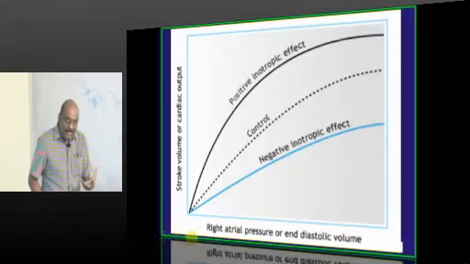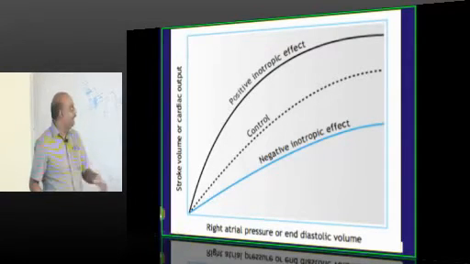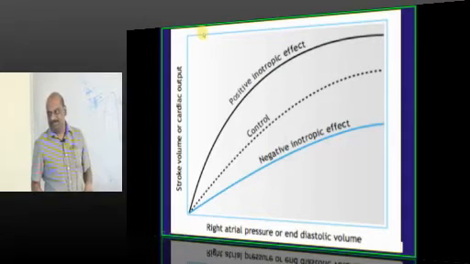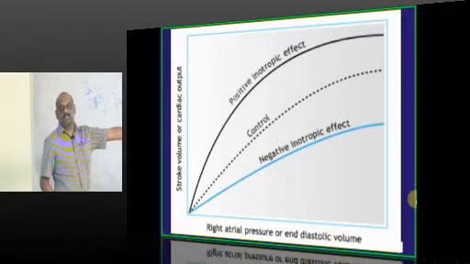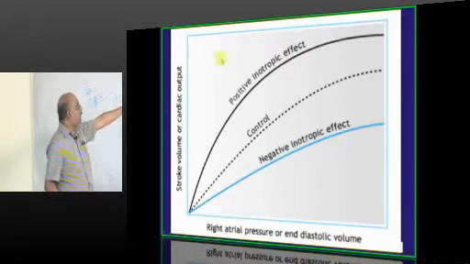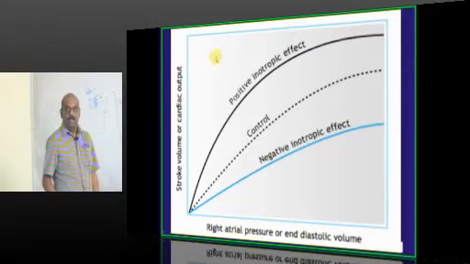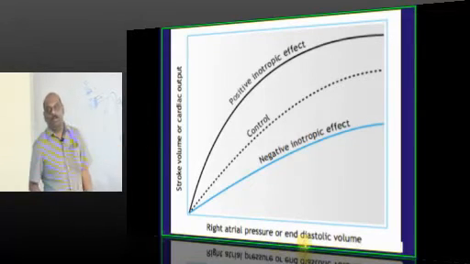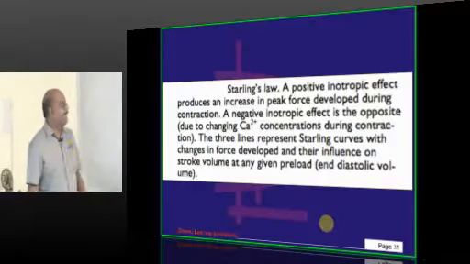The more the heart fills and gets stretched, the more will be the contractility and cardiac output, said Starling. So the more the end diastolic volume, the more cardiac output increases by increasing the inotropic state. That's the reason on the x-axis you will basically guess end diastolic volume or right atrial pressure.